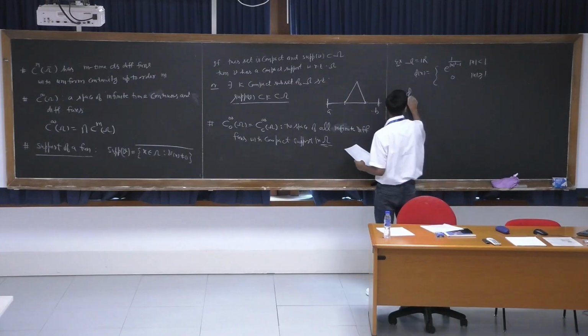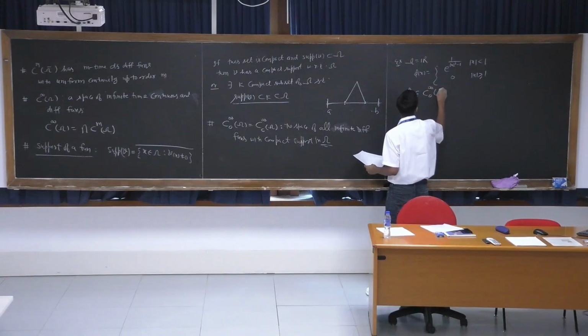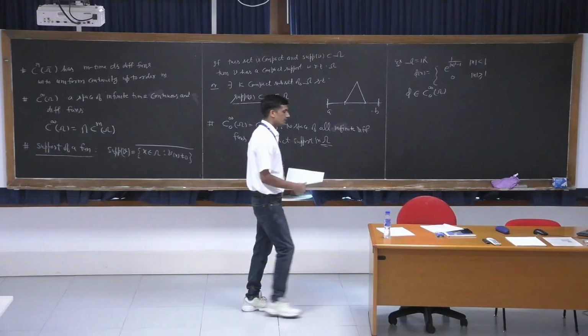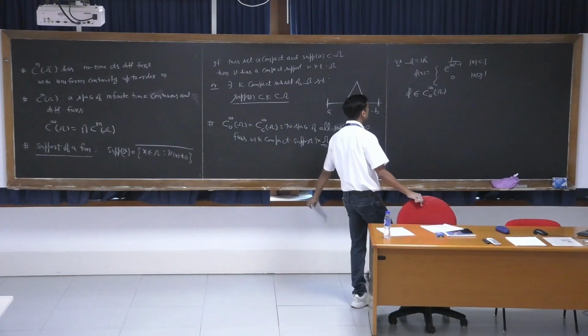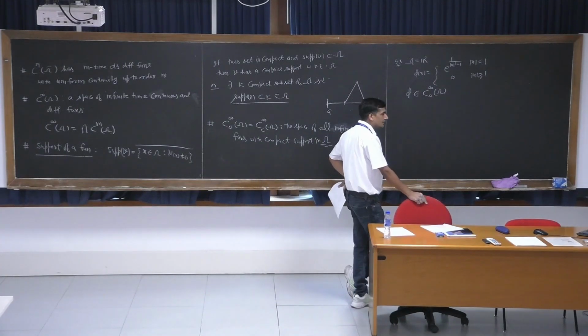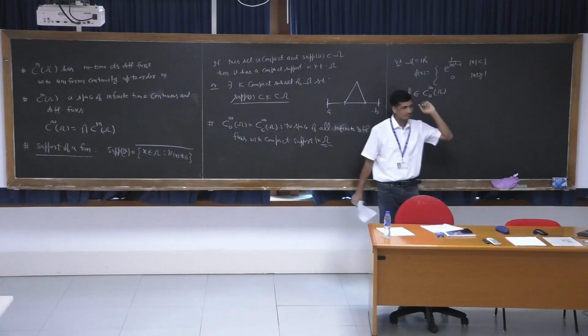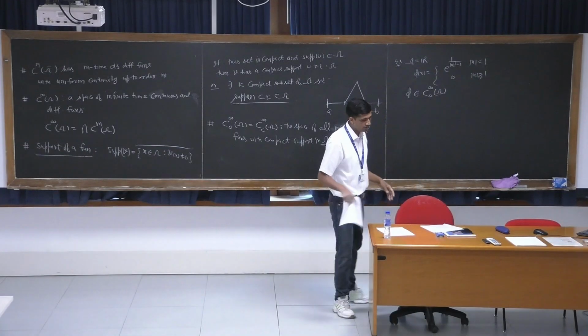This function phi belongs to C0 infinity; you can prove it easily. This function is infinitely continuously differentiable and has compact support, just minus 1 to 1. Otherwise it is 0.